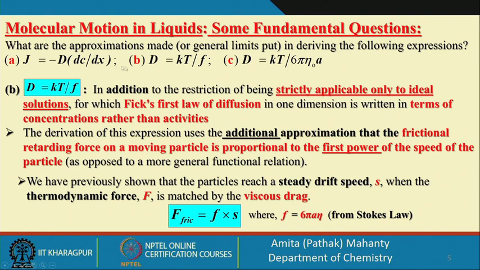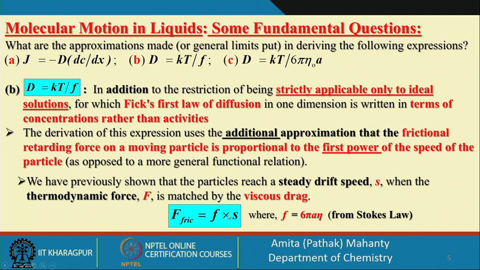What happens to the next one? This is the next one. In addition to the restriction of being applicable only to dilute solutions, as far as Fick's law of diffusion in one dimension is concerned, where the concentration terms were taken rather than the activities, here we have an additional approximation: the frictional retarding force, if you remember, was proportional to the first power of the speed of the particle.